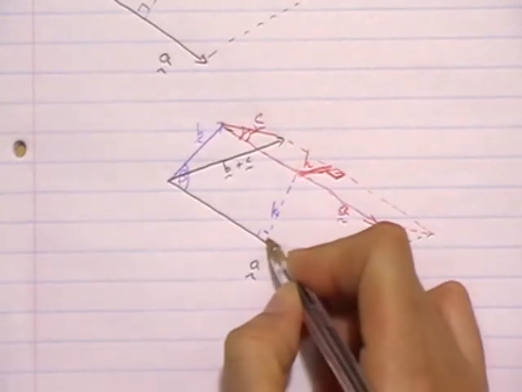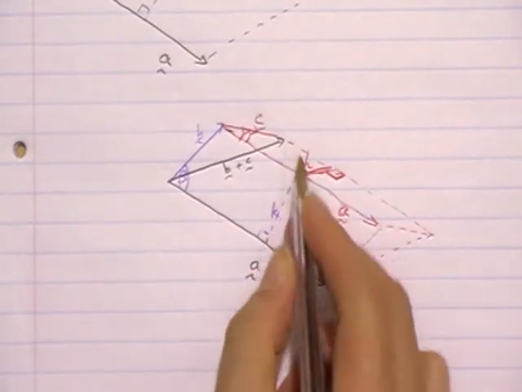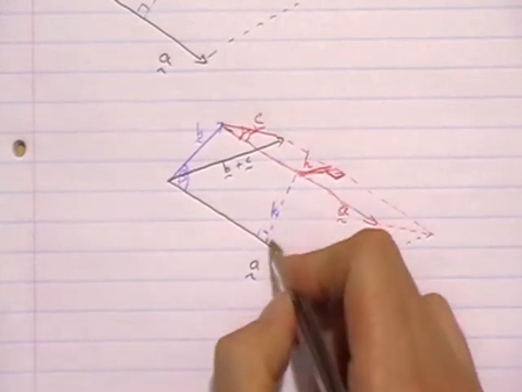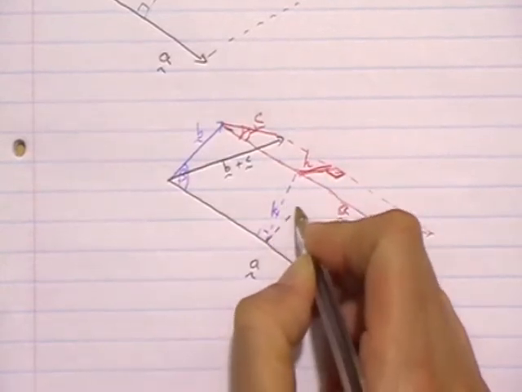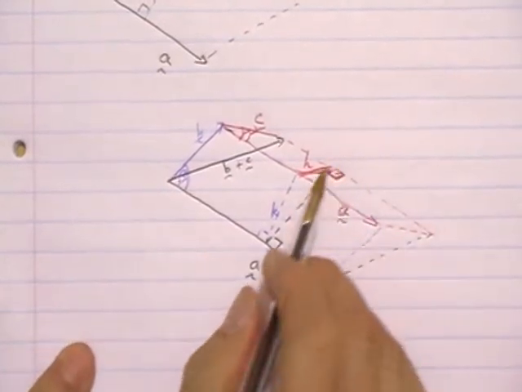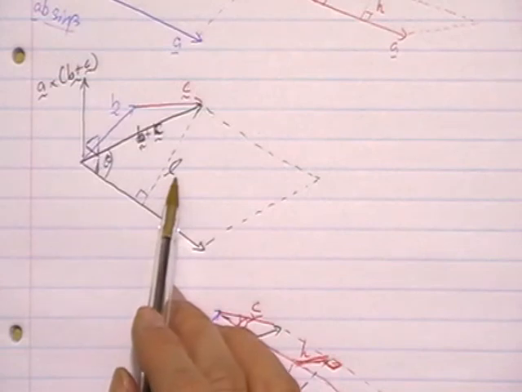Then let me draw the height for this parallelogram. So that's a right angle as well. And I have called that L.